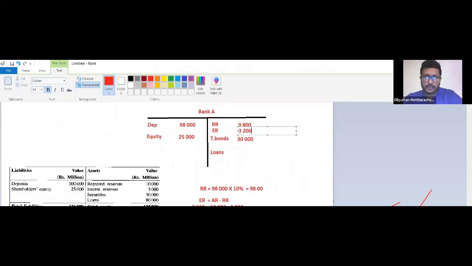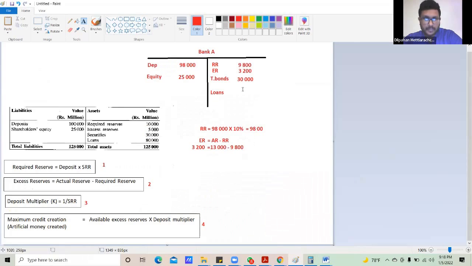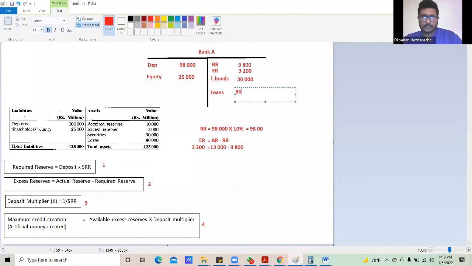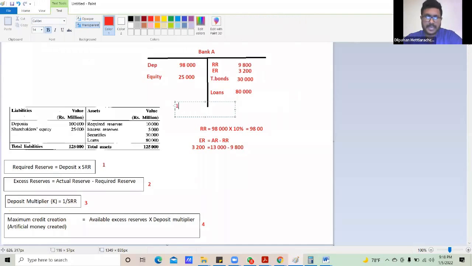Right, that is what we have to put over here. So required reserves 9,800, excess reserves 3,200, and treasury bonds 30,000. So then we can do the relevant calculation and try to get the answer for loans. So basically loans will be same, 80,000. Right? And this side, it will be 123,000.